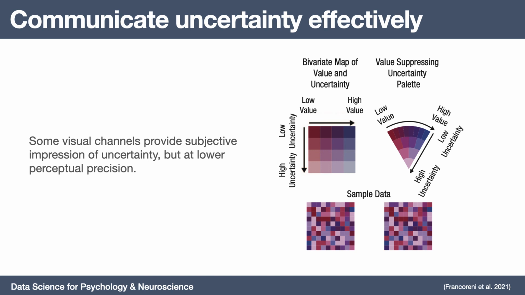Those two matrices at the bottom are using the same uncertainty and value scale as the two plots on the top. But it's very hard to differentiate differences in value from differences in uncertainty in that data. So you want to think creatively about presenting uncertainty in your graphics, while at the same time trying to maximize the precision of that estimate of uncertainty.